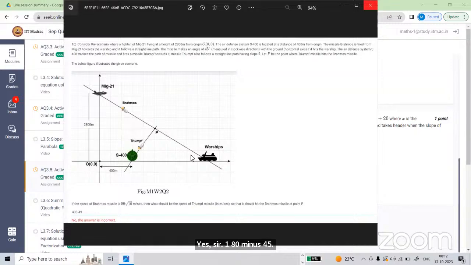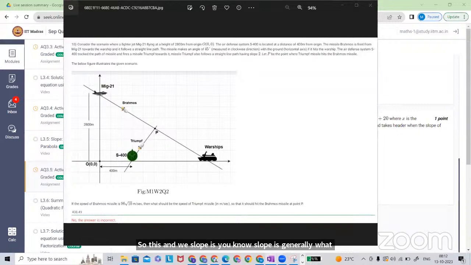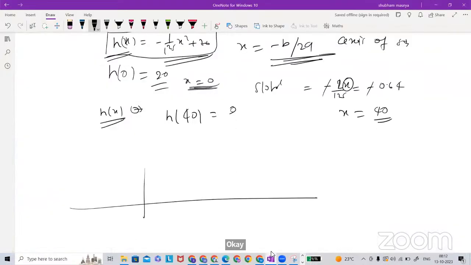Clockwise direction it is given 45. Slope is generally what? Slope is measured anti-clockwise. If you need to find the slope of a line, you have to calculate the angle in the anti-clockwise direction.